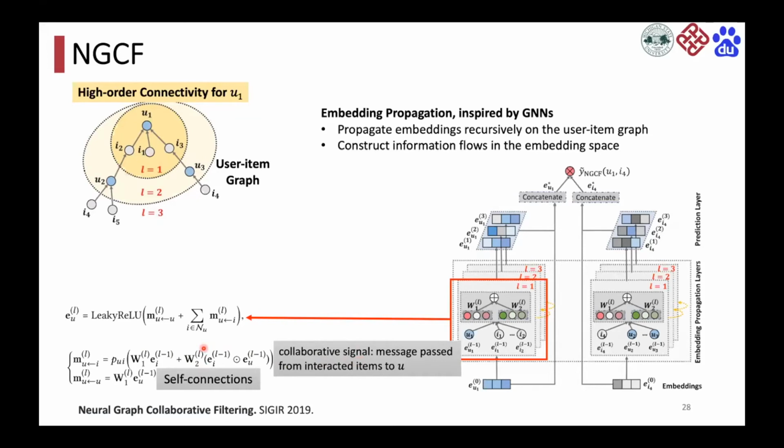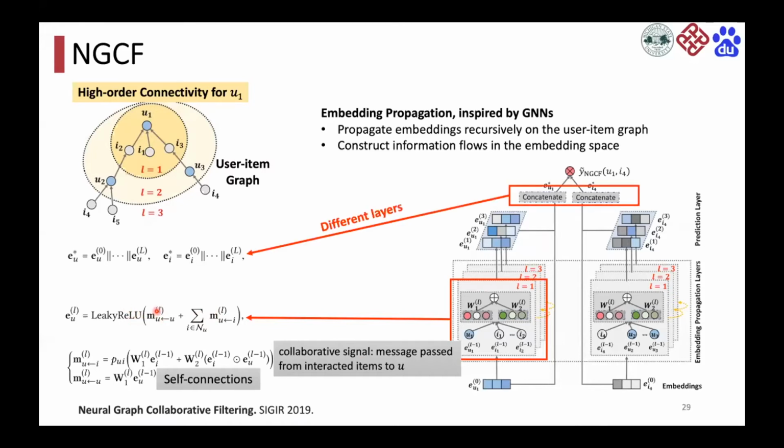Then they refine the node embedding based on the aggregated information at each embedding layer. At last, we get the final node embedding by concatenating the node embeddings from different layers, as shown in this equation.